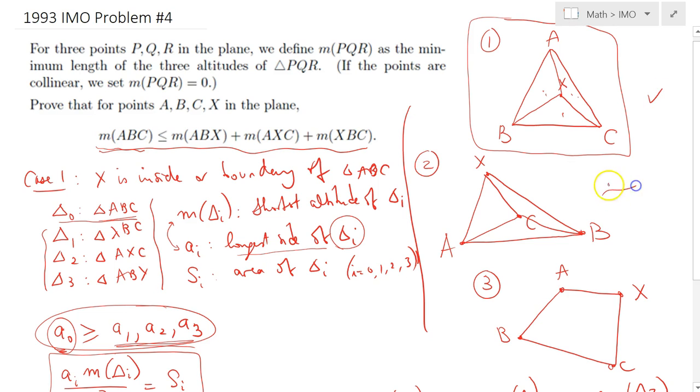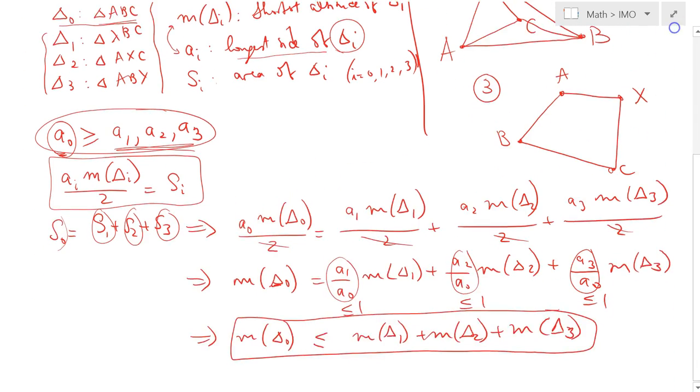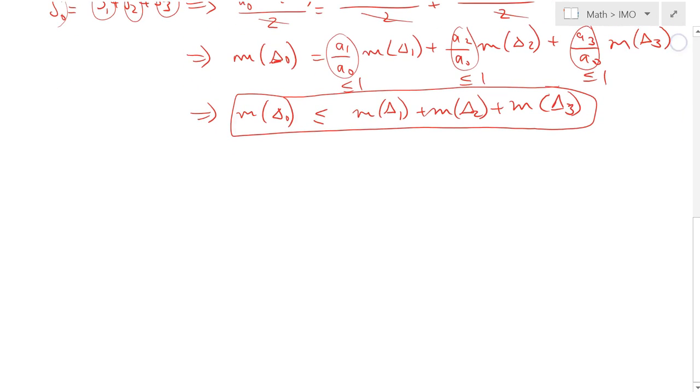Now let's move on to the second configuration, namely if one of the three vertices ABC is inside the triangle where X is a vertex of that triangle. So in that case, we would have the following. This is case 2. Let me just draw the picture quickly. So we would have ABC inside and X outside.